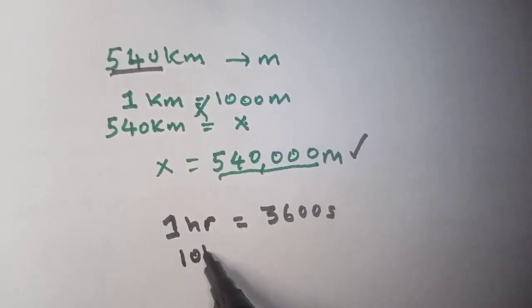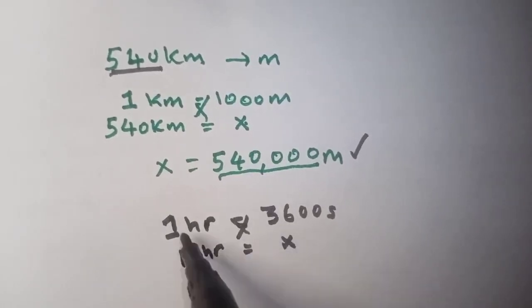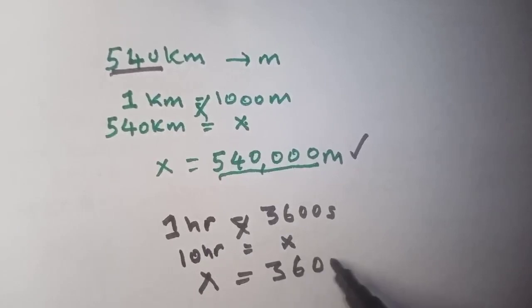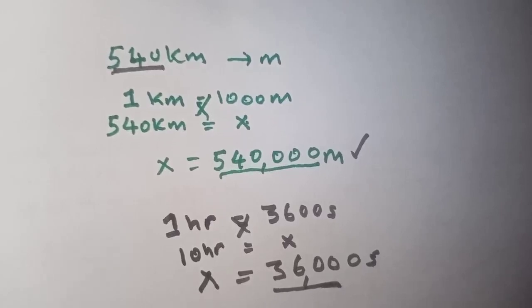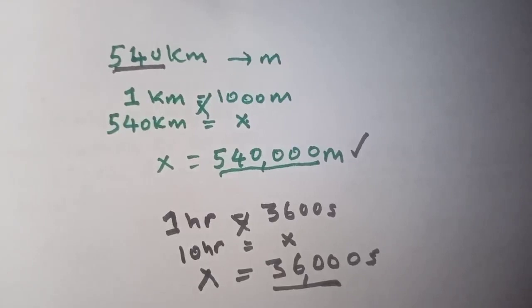What about 10 hours? You're going to have 36,000 seconds. So 10 hours gives us 36,000 seconds, and 540 kilometers gives us 540,000 meters. So we've done our conversion.